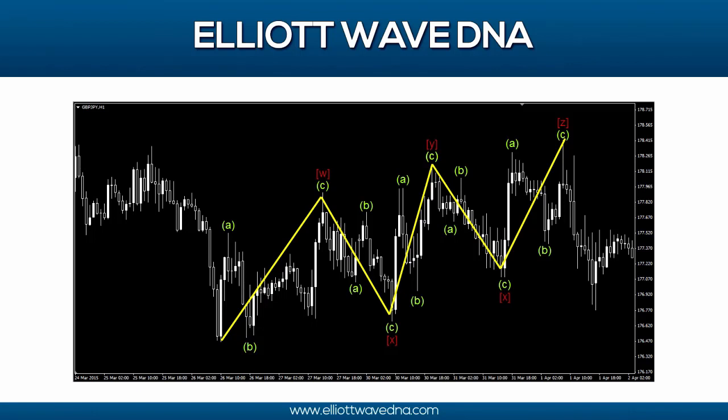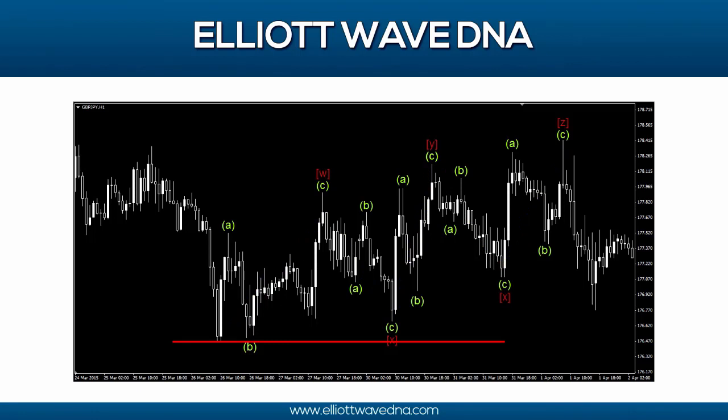a Triple Three correction. But you need to be sure, so you go and use the rules that we learned to validate your count. First rule was that the wave X needs to remain above the starting point of the wave W. That was reached over here, so that's fine. After that, wave Y needs to end above the ending point of wave W. Also, that was fine.